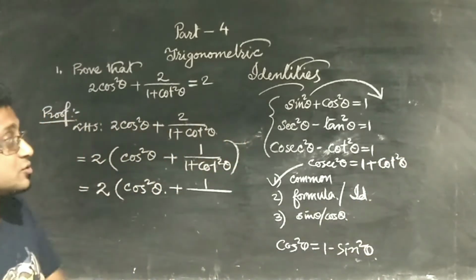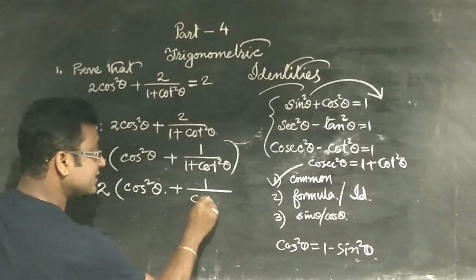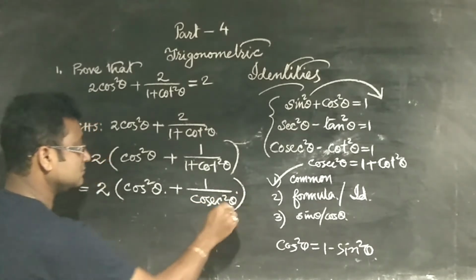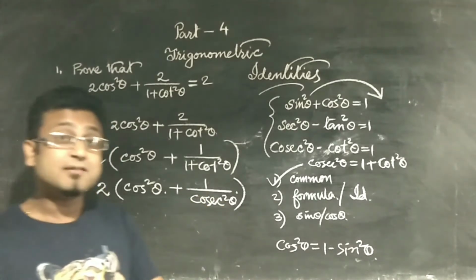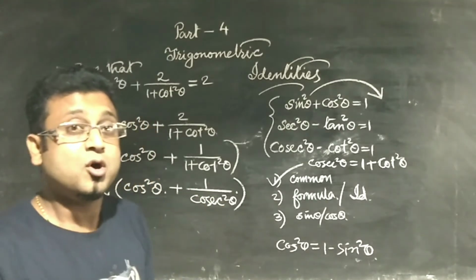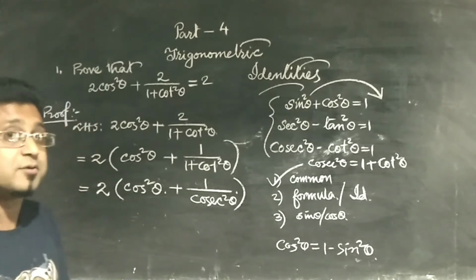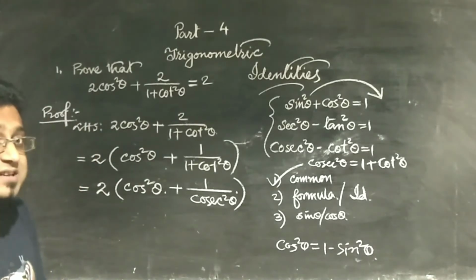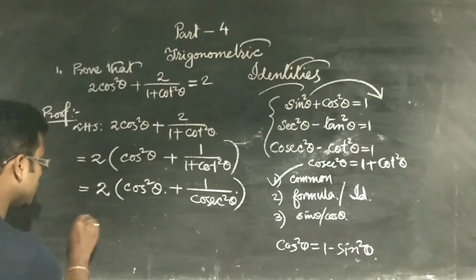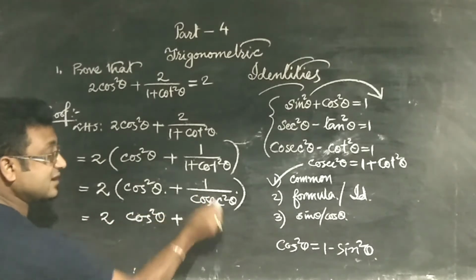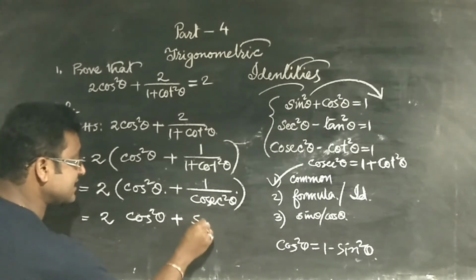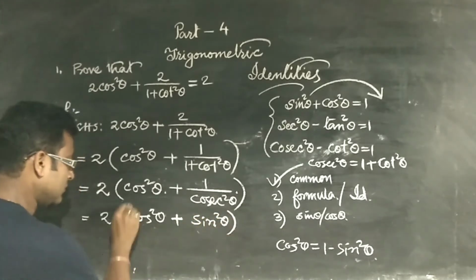So 1 plus cos square, I can write as cosec square. Very easy. Now next part, again you have to remember the trigonometric ratios. 1 by cosec theta is, I think most of you have guessed correctly, sine. So 2 cos square theta plus 1 by cosec square is sine square. So you write sine square theta.